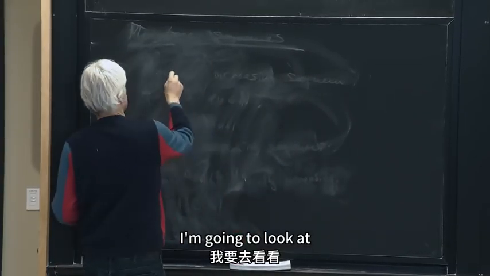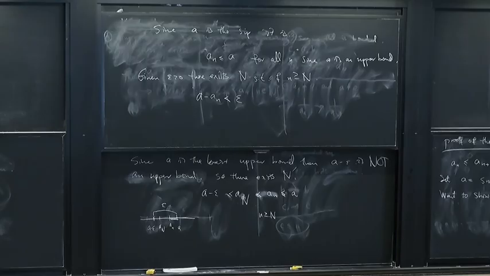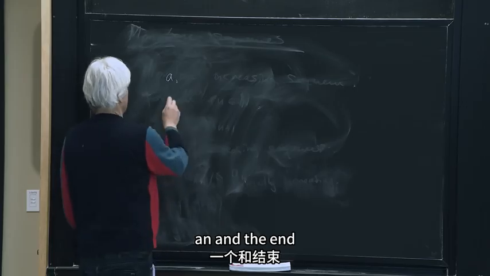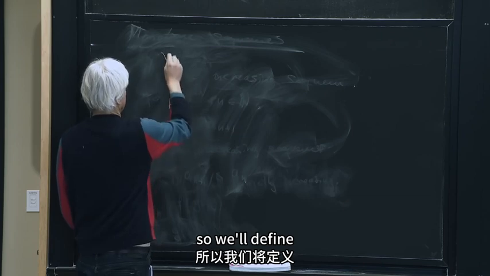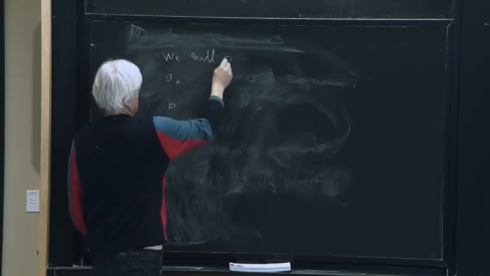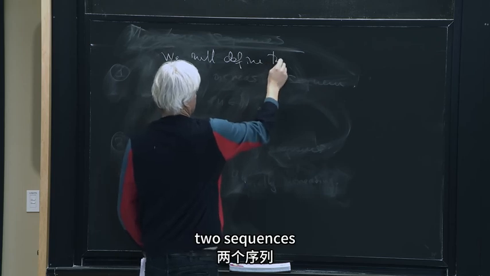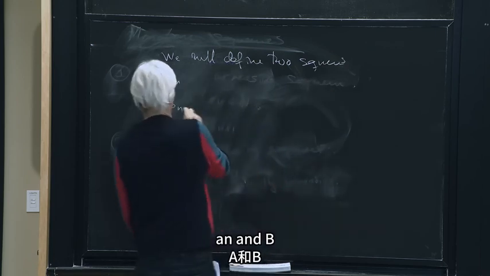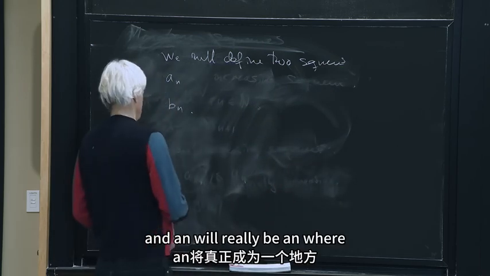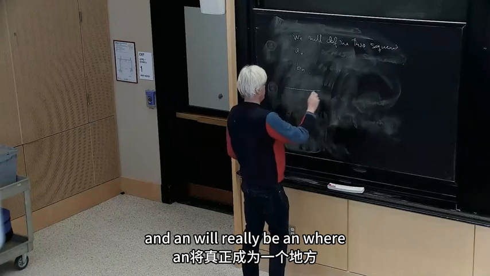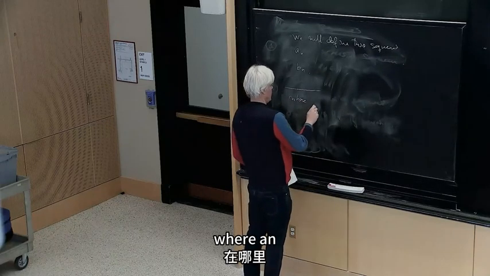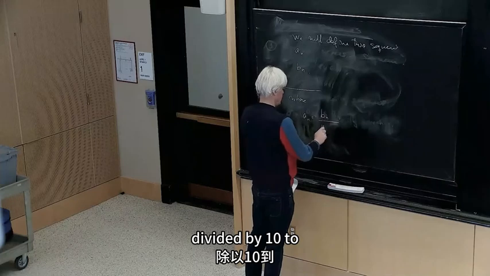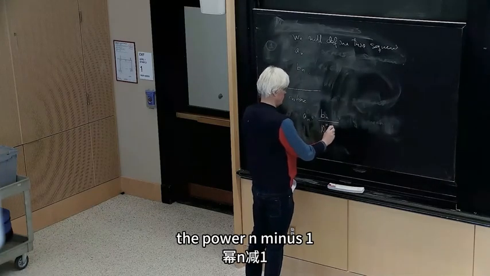I'm going to define two sequences, AN and BN. AN is going to be BN divided by 10 to the power n minus 1.